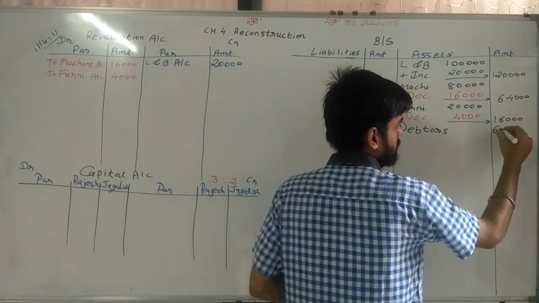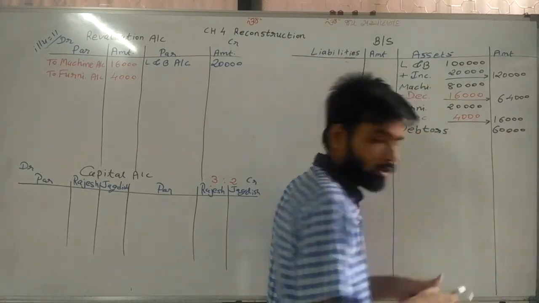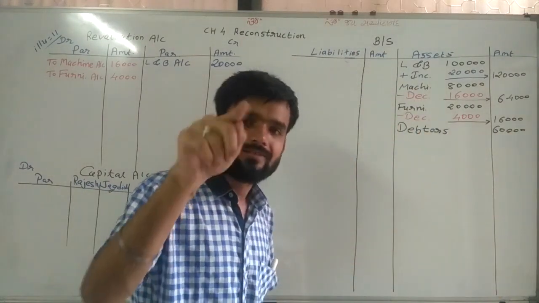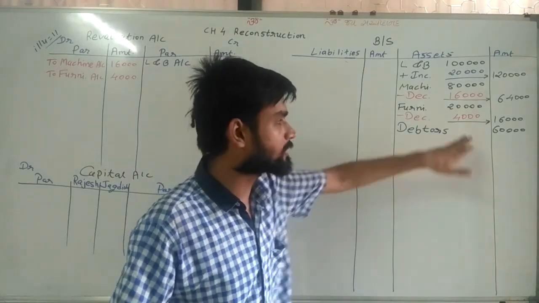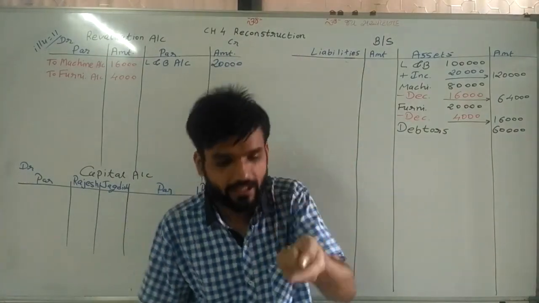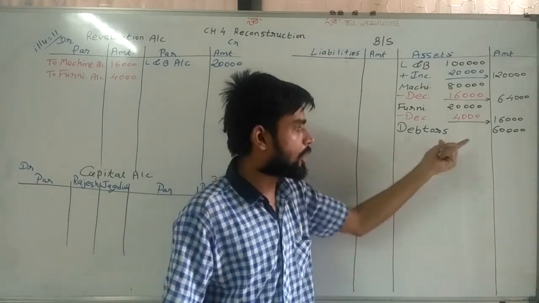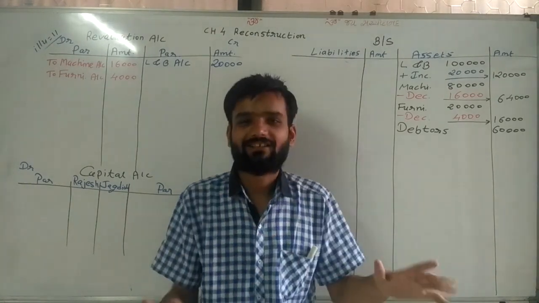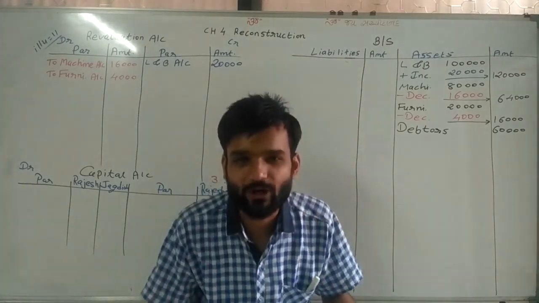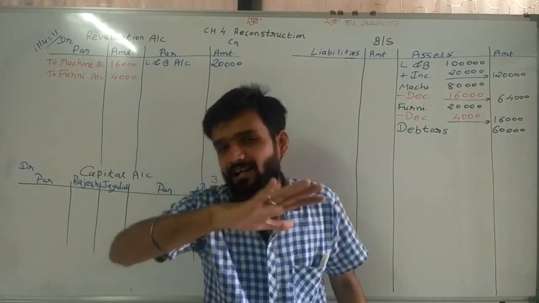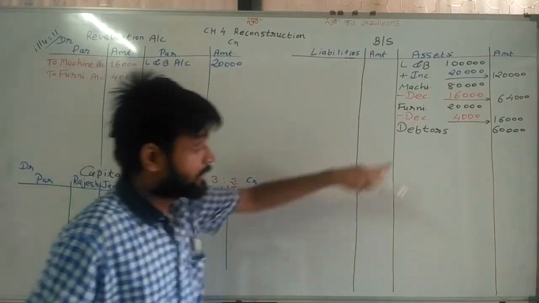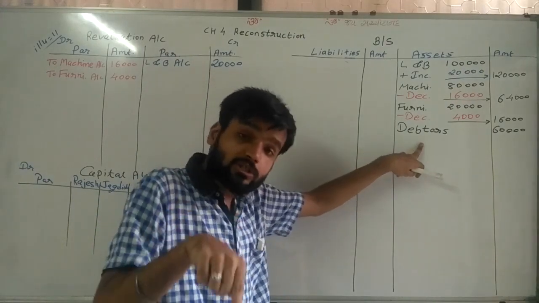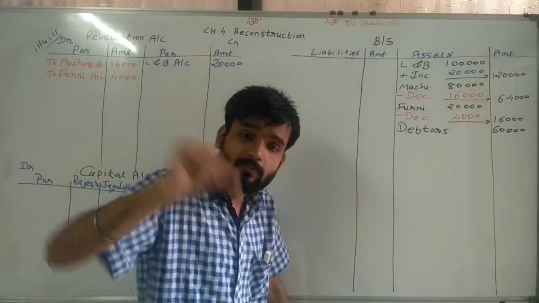Debtors 60,000. In the old balance sheet, there is the deduction also, bad debt reserve 3,000, but we are not writing 3,000 because in adjustment it is given. Now bad debt reserve is not required. Sir, happy or sad? Simple, sir, happy. Because bad debt reserve is not required, bad debt reserve decreases.